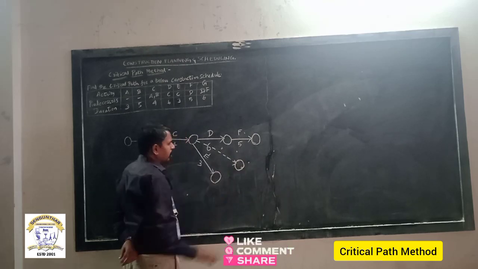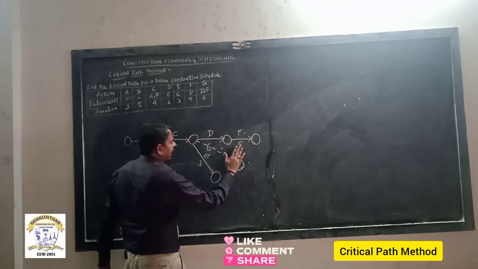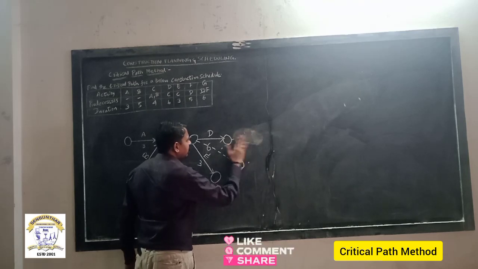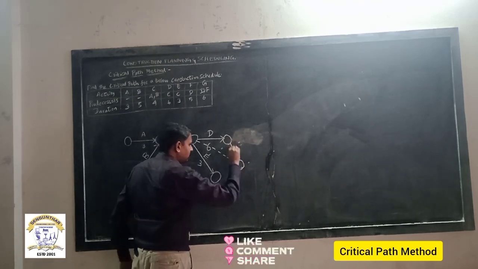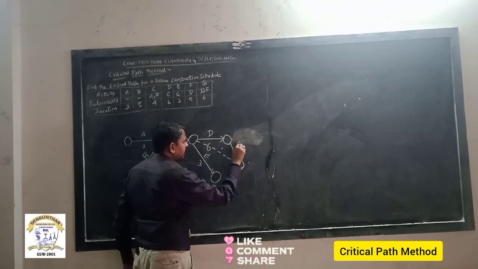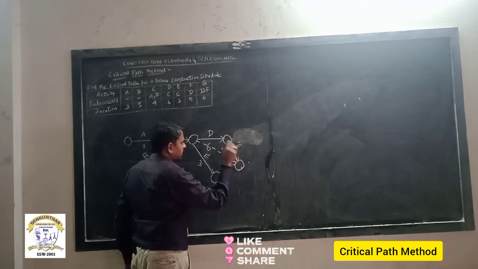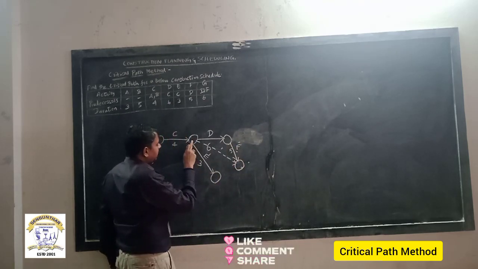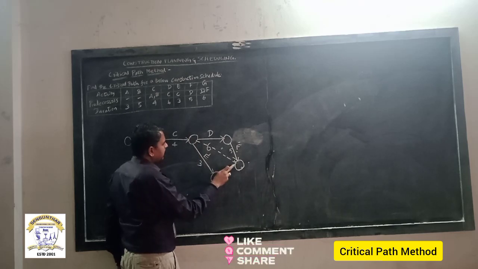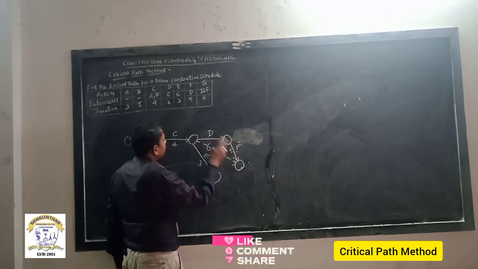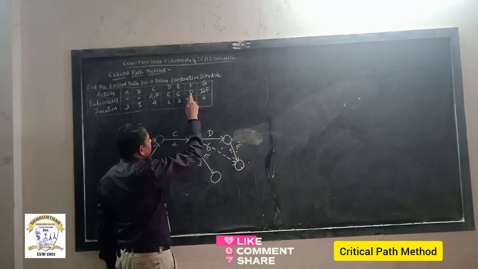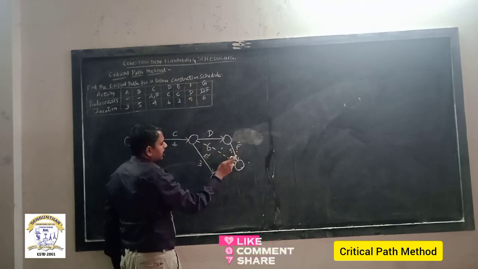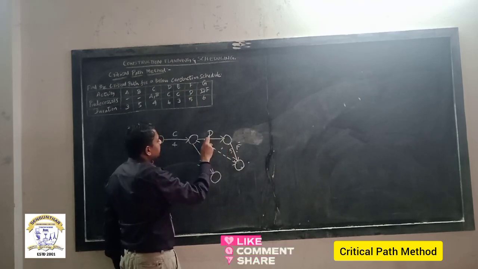I slightly shift F activity from here to here. This is F activity. From the start of D, I made one dummy activity here. D is the preceding activity for F. See the condition for F activity: D is the preceding activity.